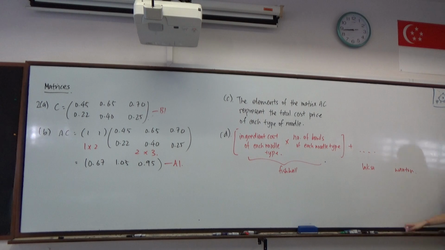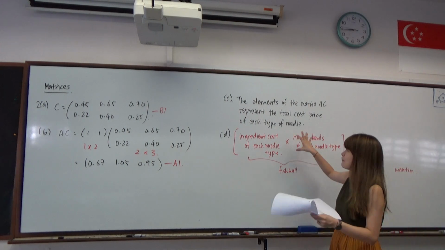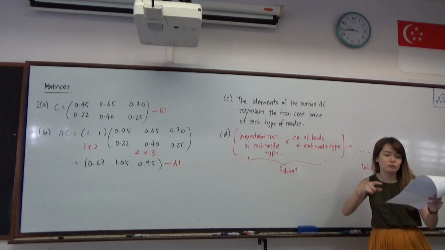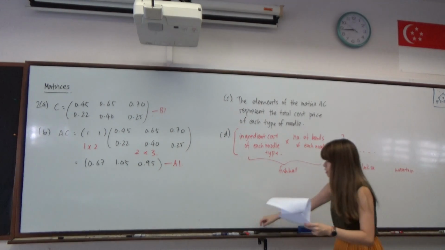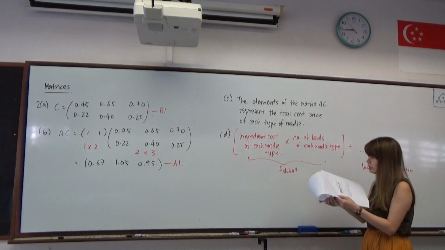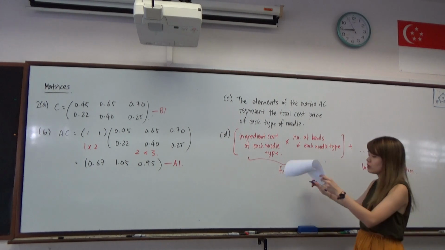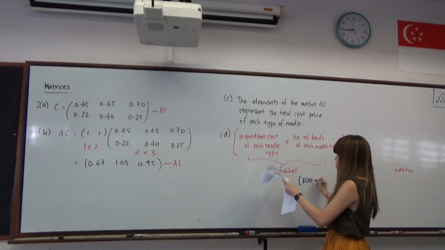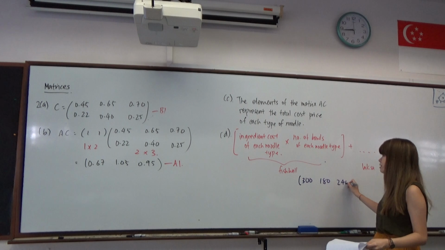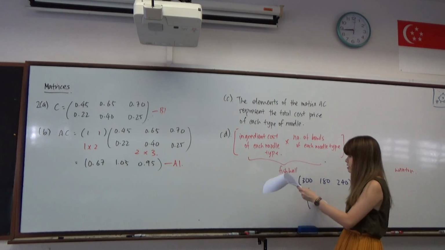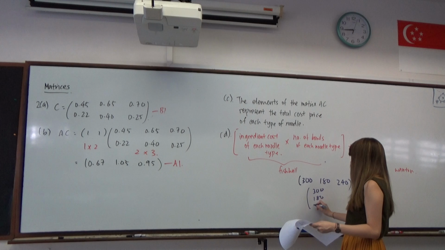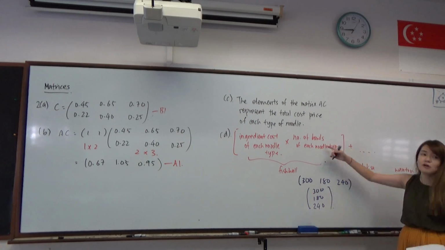Since you need the number of bowls of noodles, you will require the information given in the question, which you can write as a matrix of 300, 180, 240, for the number of bowls.